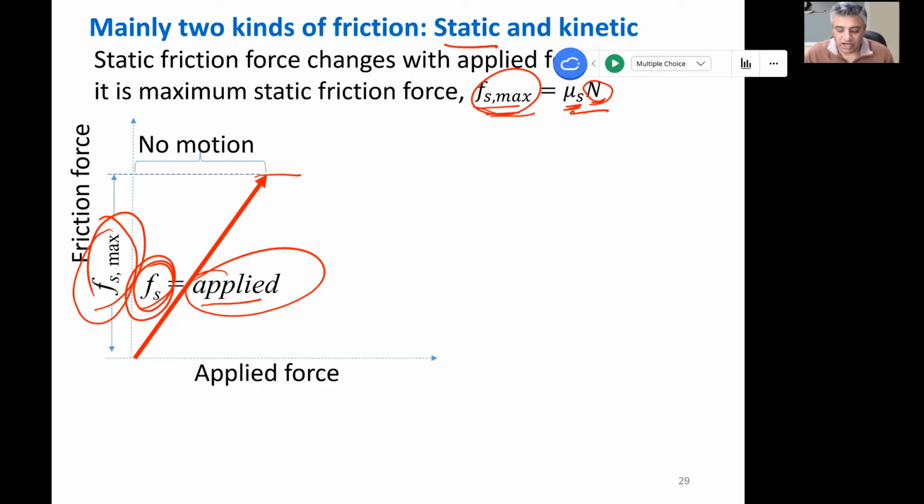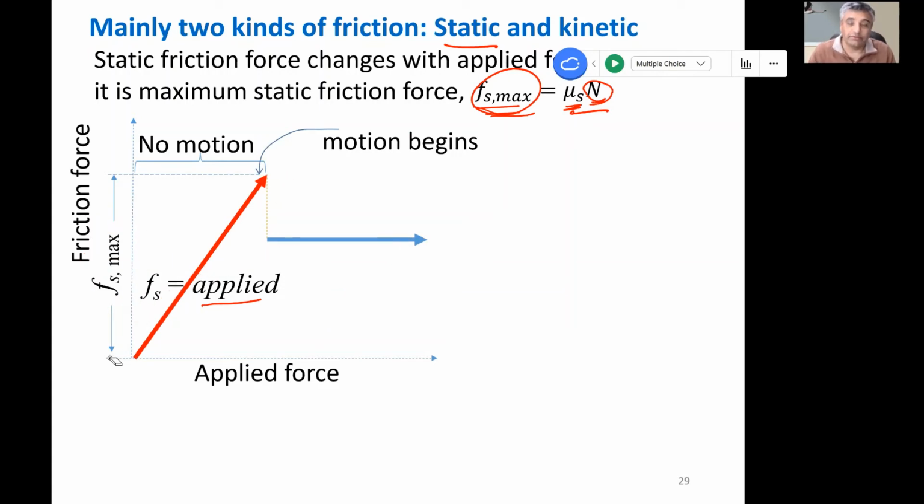So now once the object starts sliding, motion begins, then the value of the friction force becomes smaller and it remains constant. And that we call kinetic friction, okay? That's what we call kinetic friction force. And it is given by the same equation, but now the friction coefficient is slightly different. Once the object starts sliding, the force becomes slightly smaller.